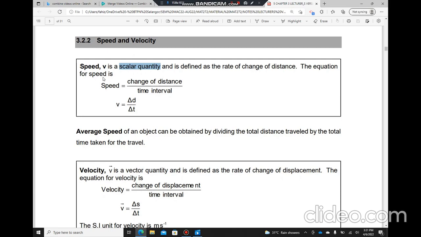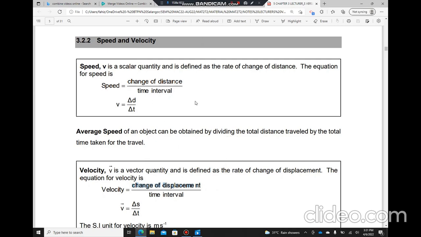Dua-dua ni adalah kelajuan, speed dengan velocity, tapi beza. Speed adalah scalar quantity but velocity is a vector quantity. Beza dia, speed dia change of distance, but velocity change of displacement.